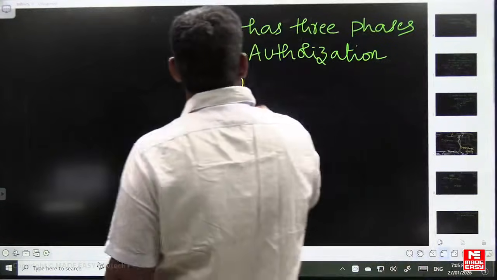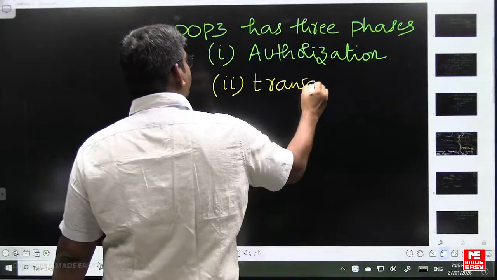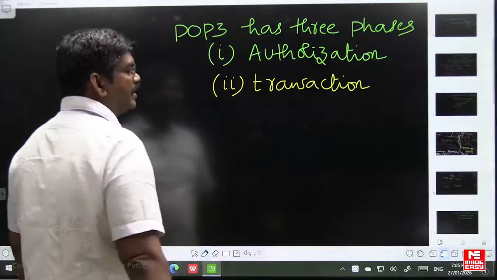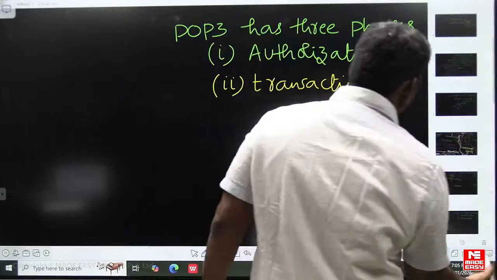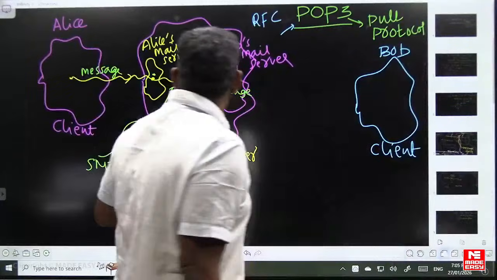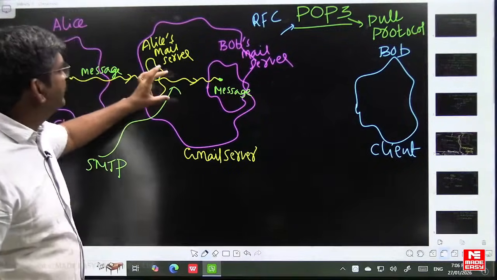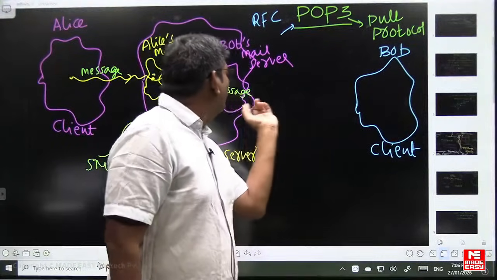The second phase of this POP3 is nothing but transaction. Now you can ask me, sir, what is the meaning of this transaction? See here. जब आपने a message या mail यहाँ आने के बाद via this SMTP, finally this Bob has to retrieve that mail or the message.